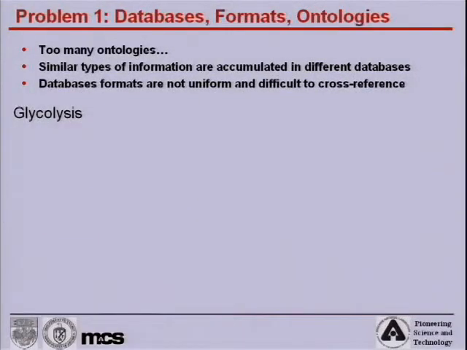So the first problem that we have: what is happening in biology? I wanted to give you a slide with the number of biological ontologies that are currently being developed, but unfortunately it slipped out. I'm personally a member of about 5 committees on the development of ontologies.